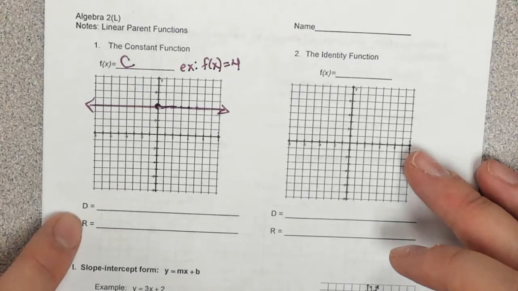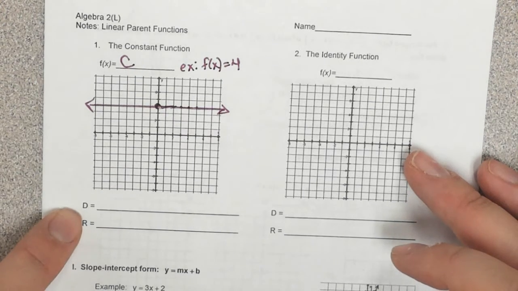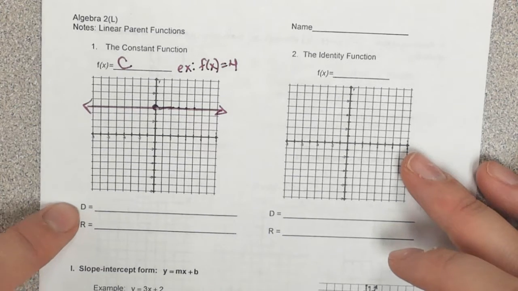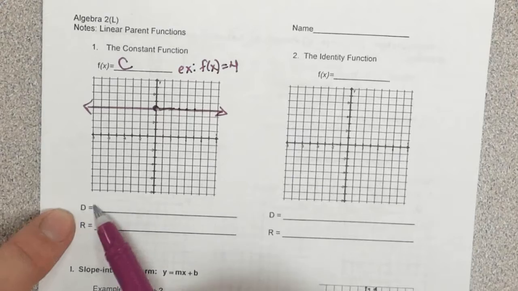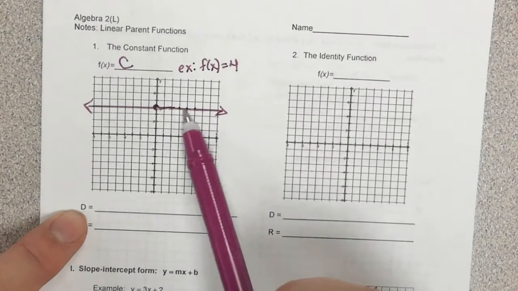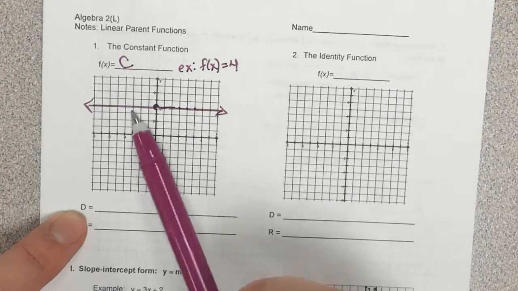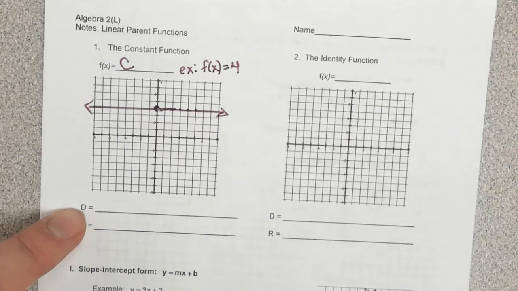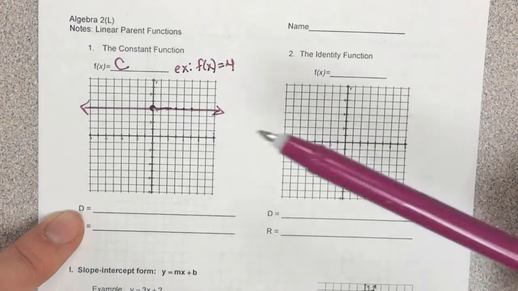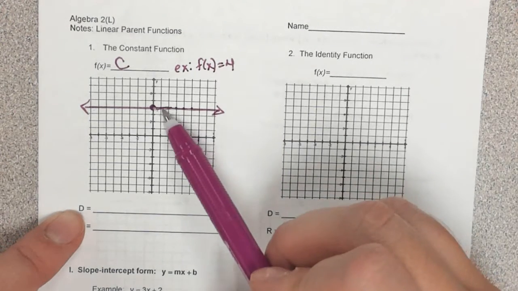And then down here, D and R are going to stand for domain and range. Domain is just a way to say the set of all possible values of x. So if we think about what x values we can have in this line, we ask ourselves some questions: do we have positive x's?